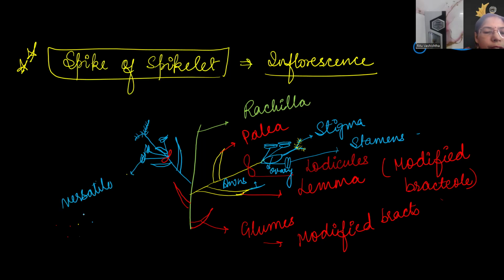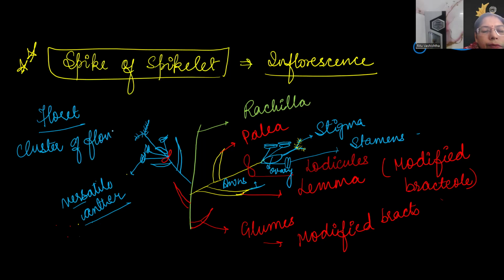Versatile anthers. Single flower is known here as floret. Cluster of flowers are present. So either we term it as spike of spikelet. At a few places you also find it termed as the compound spike.